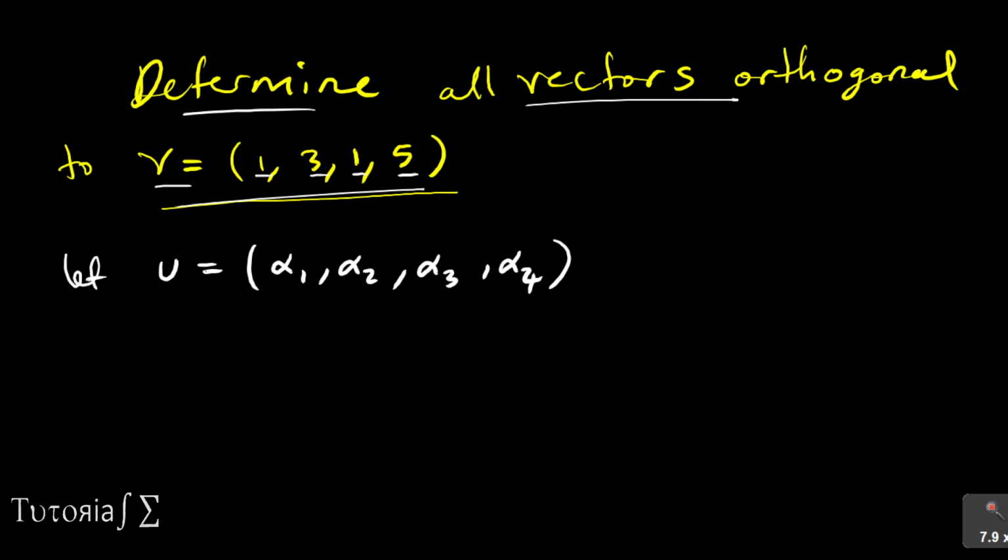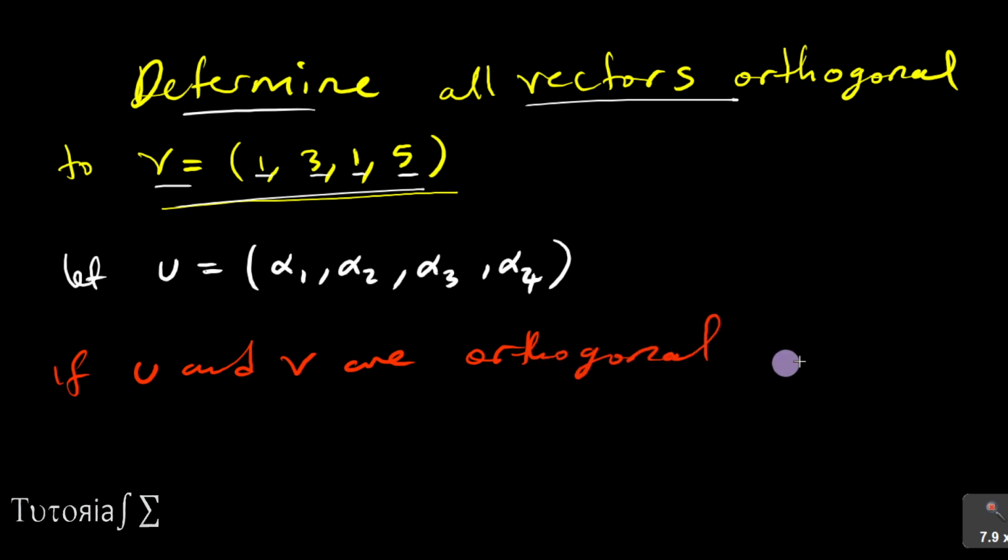If u and v are orthogonal, then u dot v should be equal to 0. So this will be our starting point. So we'll find u dot v, or v dot u. It's the same thing since multiplication is commutative.